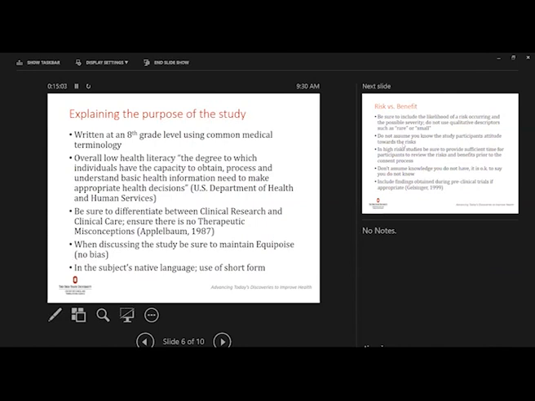And then of course you need to make sure that there are no language barriers. We live in a very multicultural culture anymore, and there are a lot of different languages in our society. So making sure that the individual understands clearly.